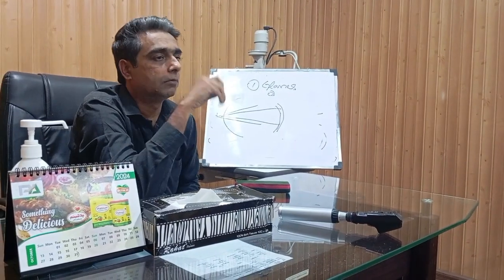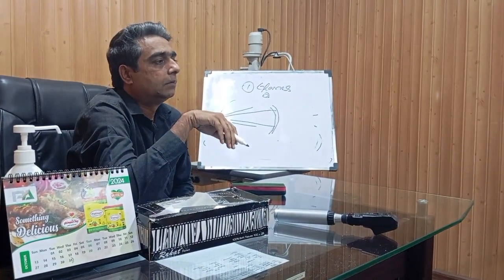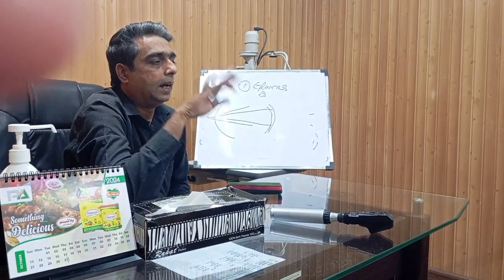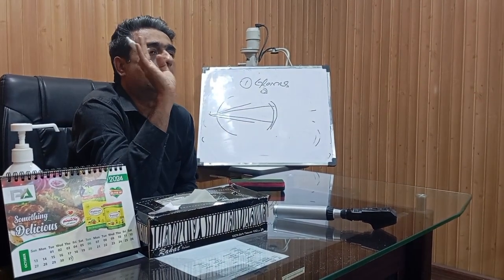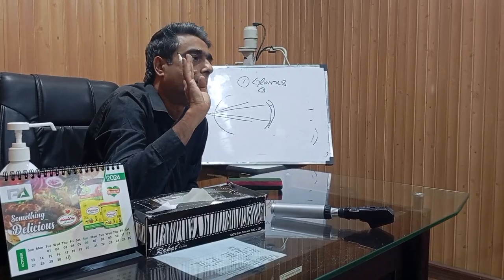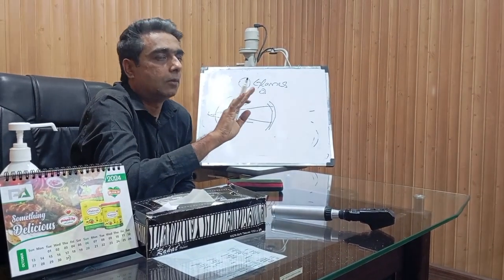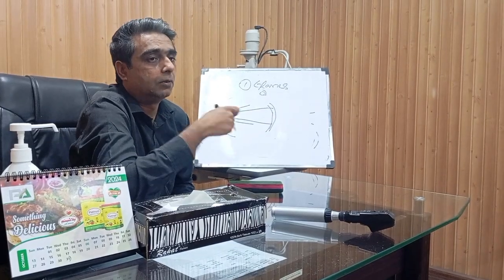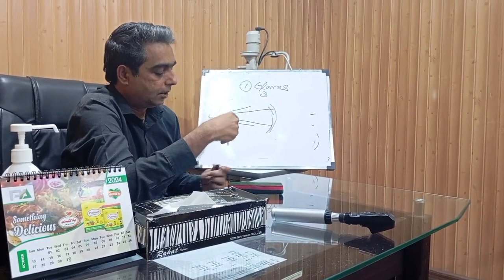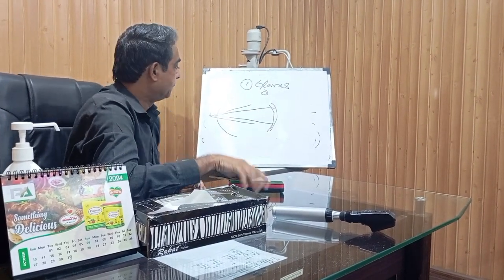So its results are not very good, so mostly it is not done. Refractive surgery is confined mostly to myopia and astigmatism only, and in astigmatism also, if it is myopic astigmatism. When we shortly discuss astigmatism, you will come to know its different types.